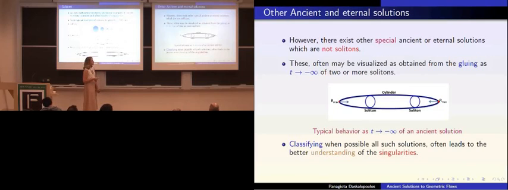So they look something like two solitons glued together by a cylinder, for example. It could be three solitons. This is a rotationally symmetric example, but you may have examples that are not rotationally symmetric. And so the question is, how can you classify such solutions, and whether you can construct such examples if they exist.